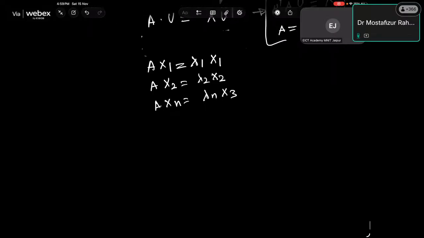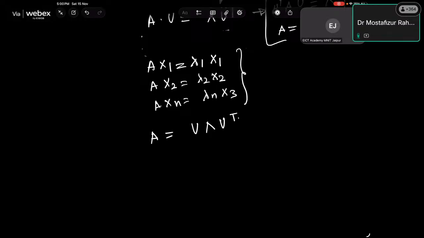And the way we stack them is a different matter. So basically, you can always write this as a u lambda u transpose form.